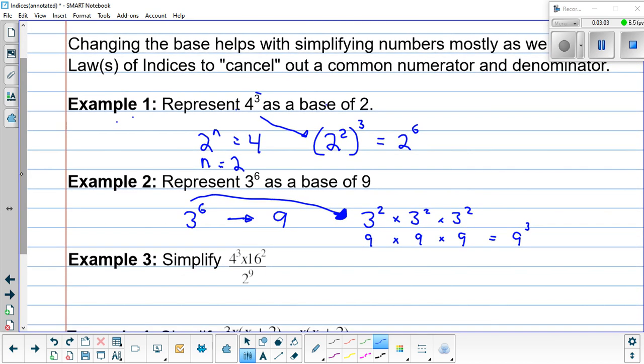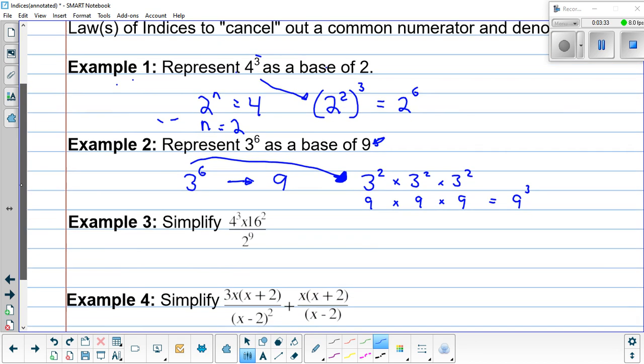You could think of it as, how do I get from 9 to 3? 9 to the what? 9 to the half. I had to take the square root, so I took a half of each of these exponents in the power law.